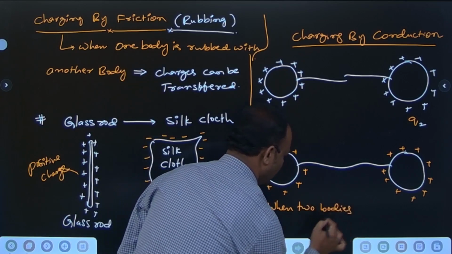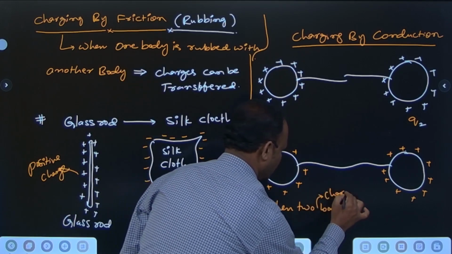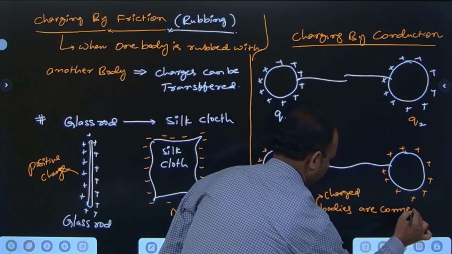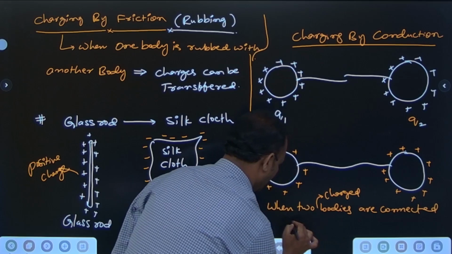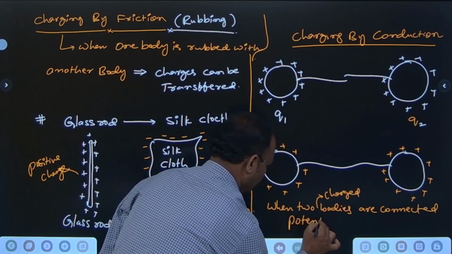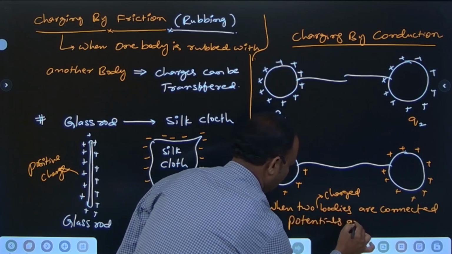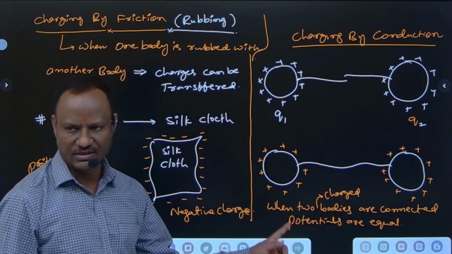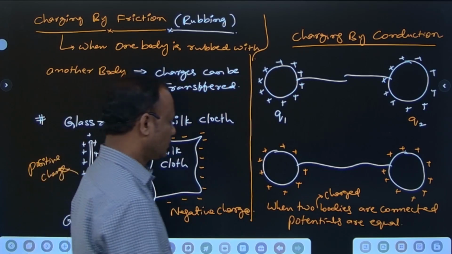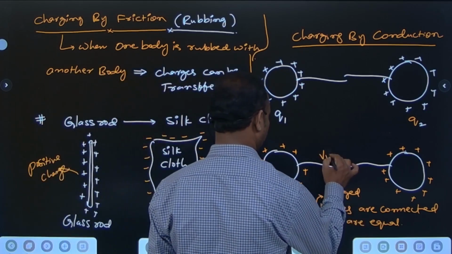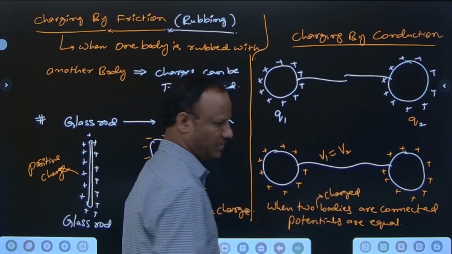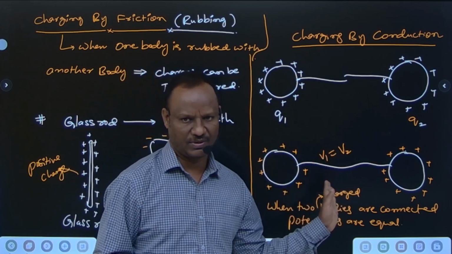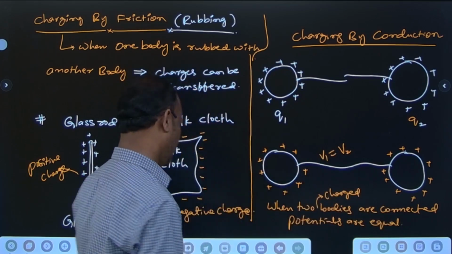When two charged bodies are connected, potentials are equal, which means V1 must be equal to V2. Till we get equal potential, charges are transferred from higher potential to lower potential.